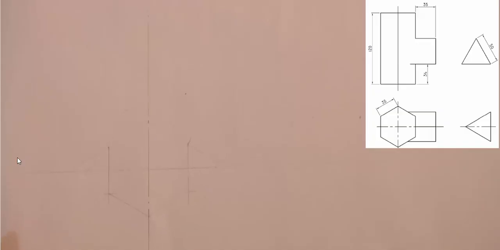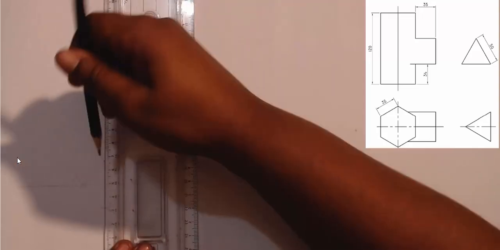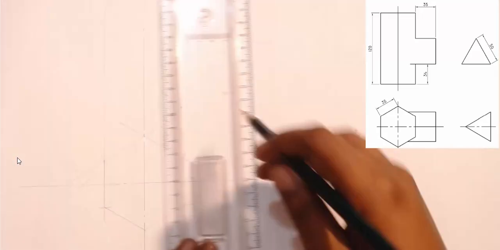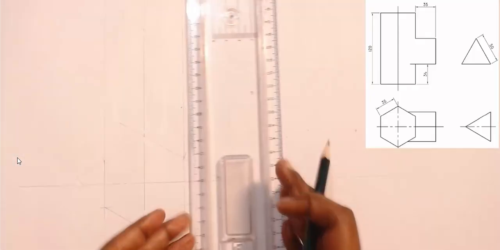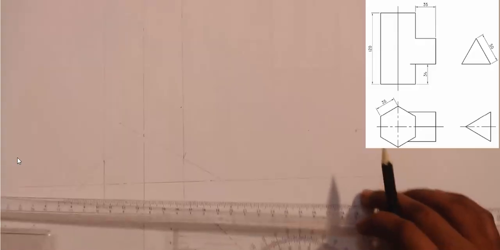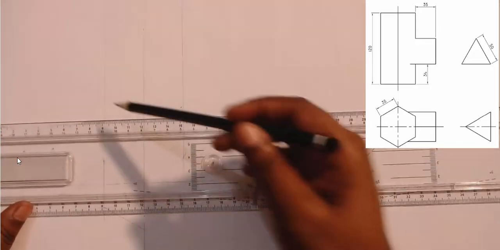Now the same diameter, let's draw in the front view. So I'm just going to transfer these lines going up, these lines going up, and then remember I said between the top view and the front view, it doesn't really matter the distance in between them.